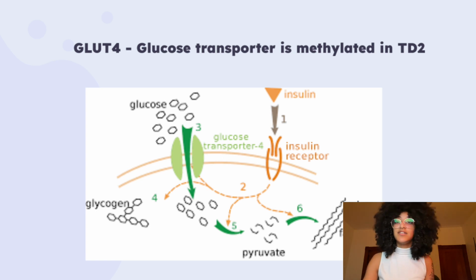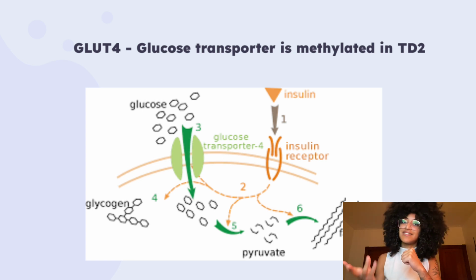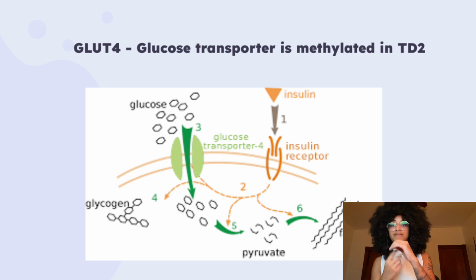But in T2D, the gene that codes for GLUT4 is methylated, which means that the DNA is super packaged. So what that means is that the transcription factors cannot access the DNA.